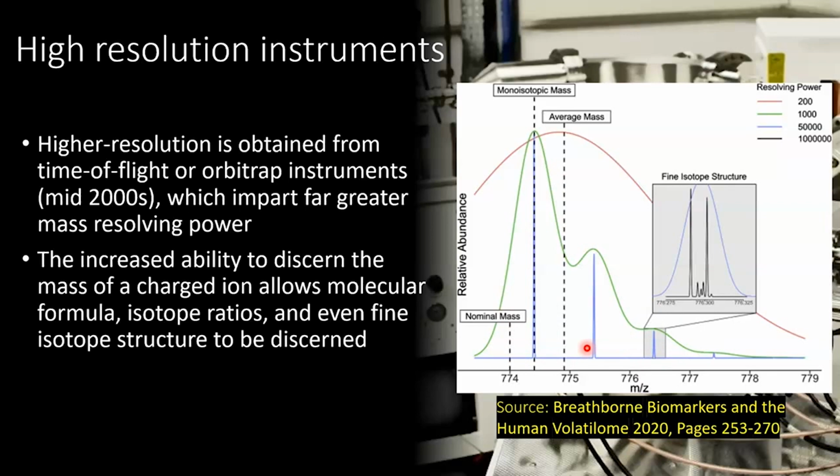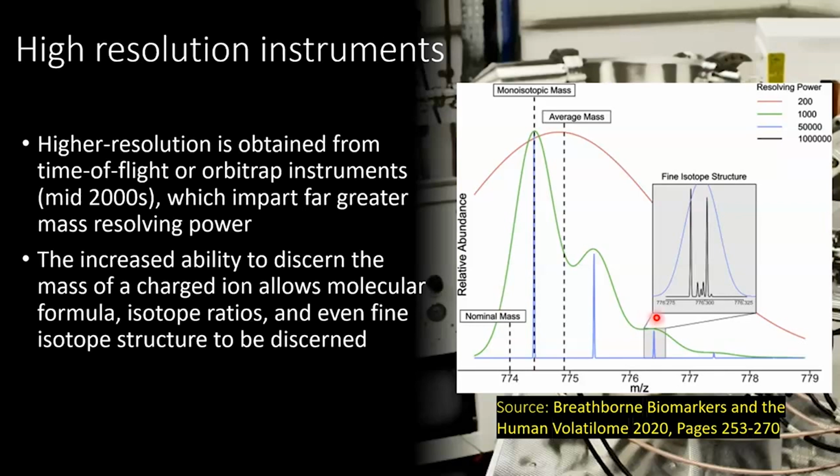We're looking in around the range of 774, 775. If we were looking at this peak here, you might be able to discern its mass to charge ratio, with 0.01265 Dalton. So you get all of those additional decimal points, and we're going to talk a little bit later about what those decimal points can actually tell you about the nature of the chemical species that you're trying to detect.